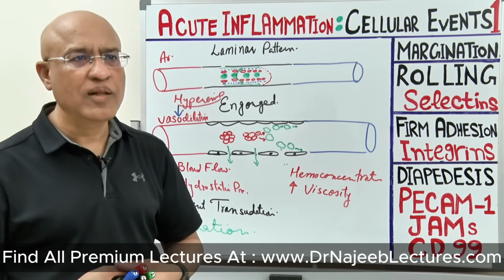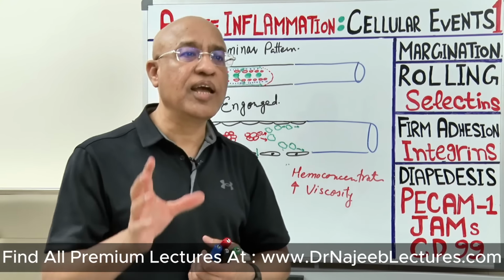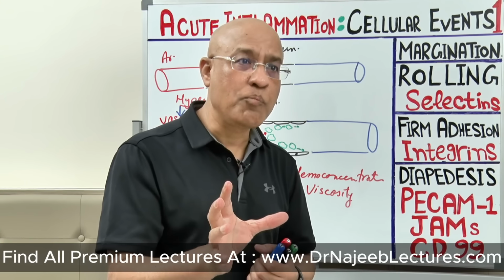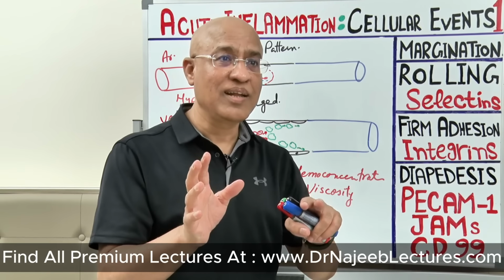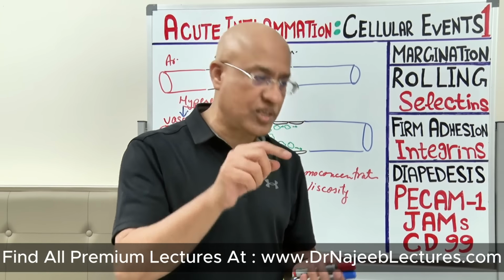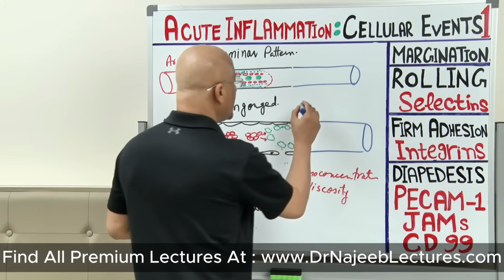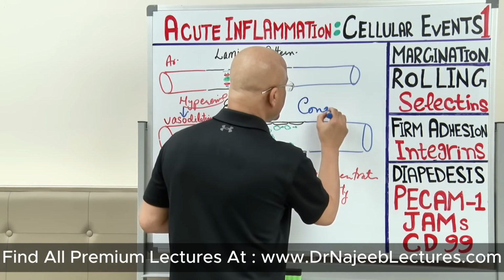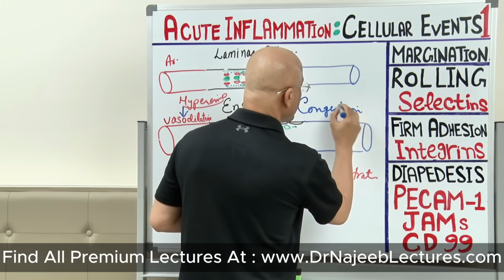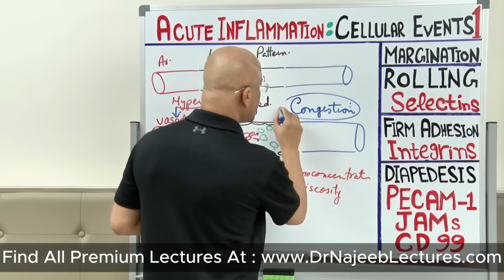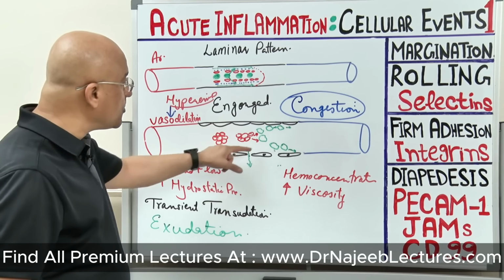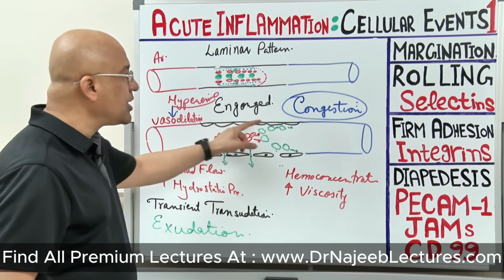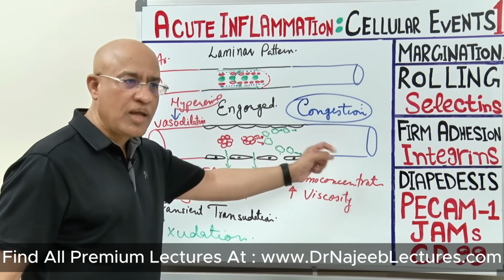This situation where microcirculation is engorged because venous outflow is reduced is called congestion. So congestion is such engorgement in the microcirculation where venous outflow is reduced.